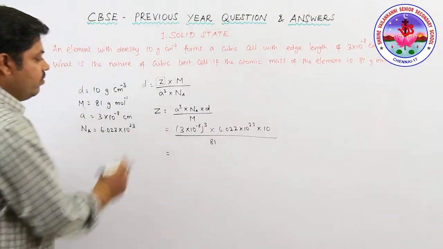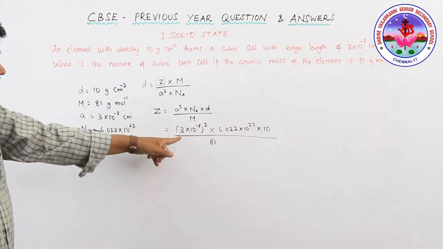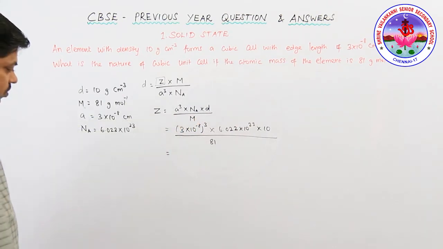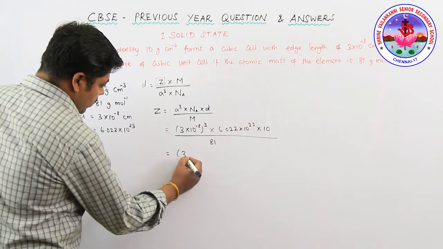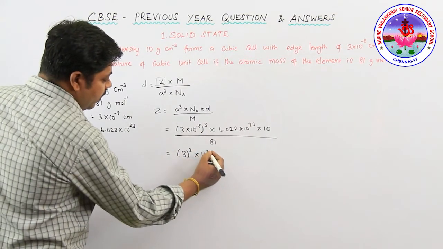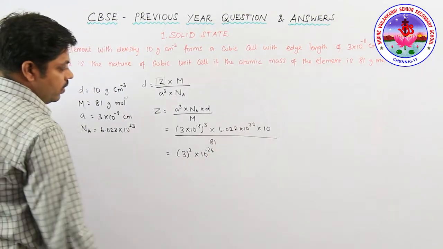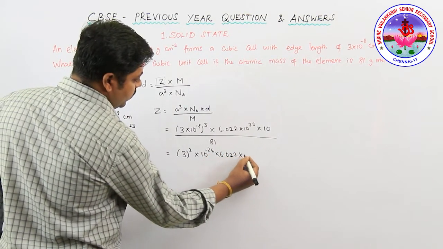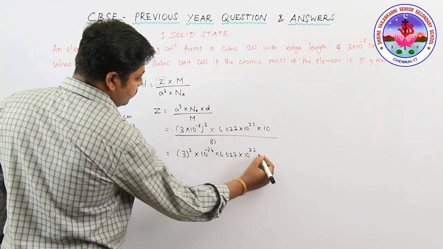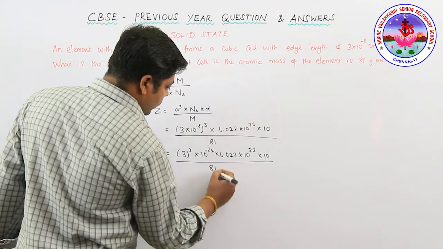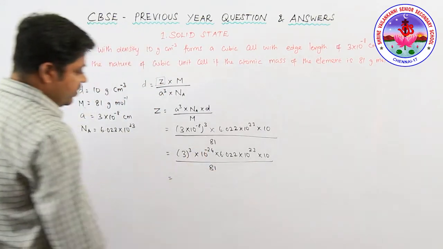Now simplify this. That means 3 into 10 power minus 8, whole power 3, so this means 3 power 3, then 10 power minus 24, then 6.022 into 10 power 23 into 10 divided by 81. Simplify this.